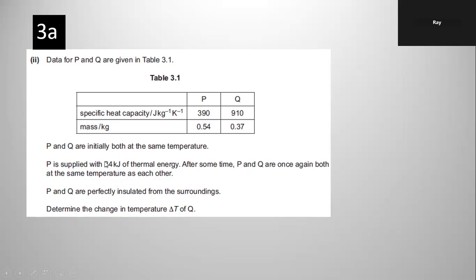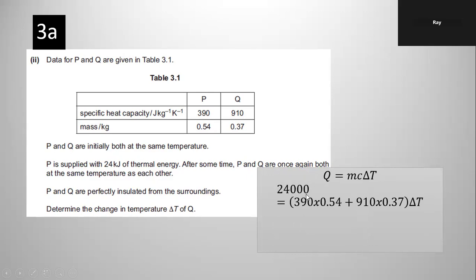That energy is transferred to Q until both of them are at the same temperature. So we are just using this equation, that's all. The initial energy is shared between both of them, and then there's a change in temperature.